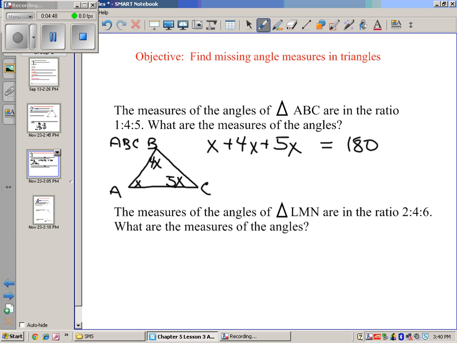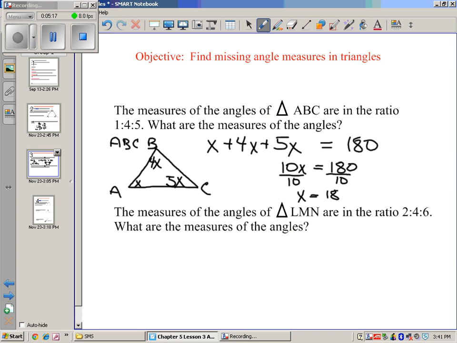We have 5X plus 4X, which gives us 9X, plus another X gives us 10X, equals 180. Then we've learned a variable next to a number, and they're multiplying. In order to get the number away from the variable, you have to divide. Divide each side by 10. And x equals 18.